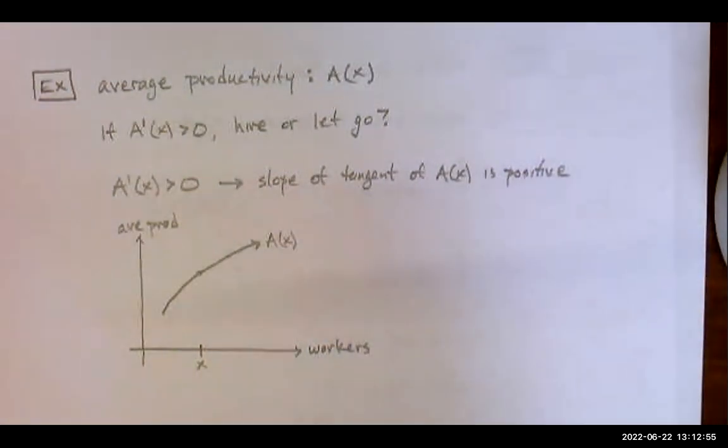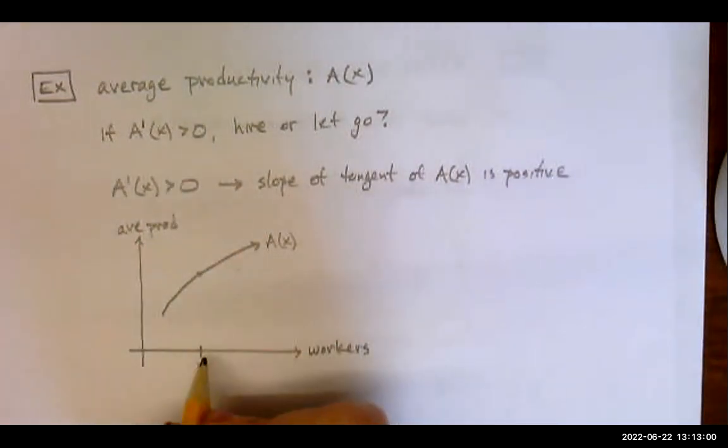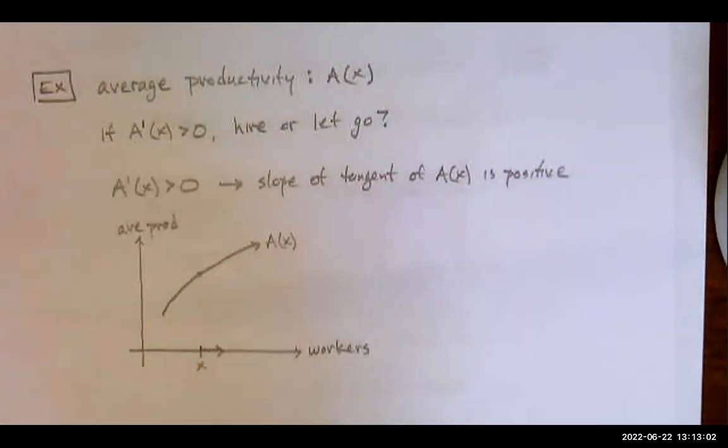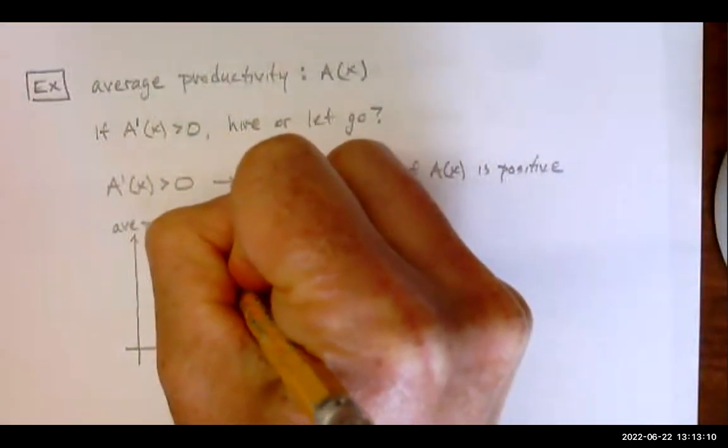What's the case here? Well, if the slope of this is positive, here's what's happening. If they were to increase the number of workers, what would happen to the average productivity? If they were to get more workers, then the average productivity would jump.